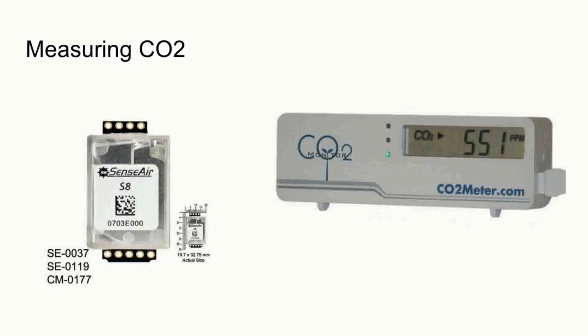So the residential version only reads 400 to 2,000 parts per million. That's an okay range. Atmospheric CO2 again is 400 parts per million, and I don't want to go over 2,000, but it'd be nice to see how far over I'm getting if I'm producing too much.